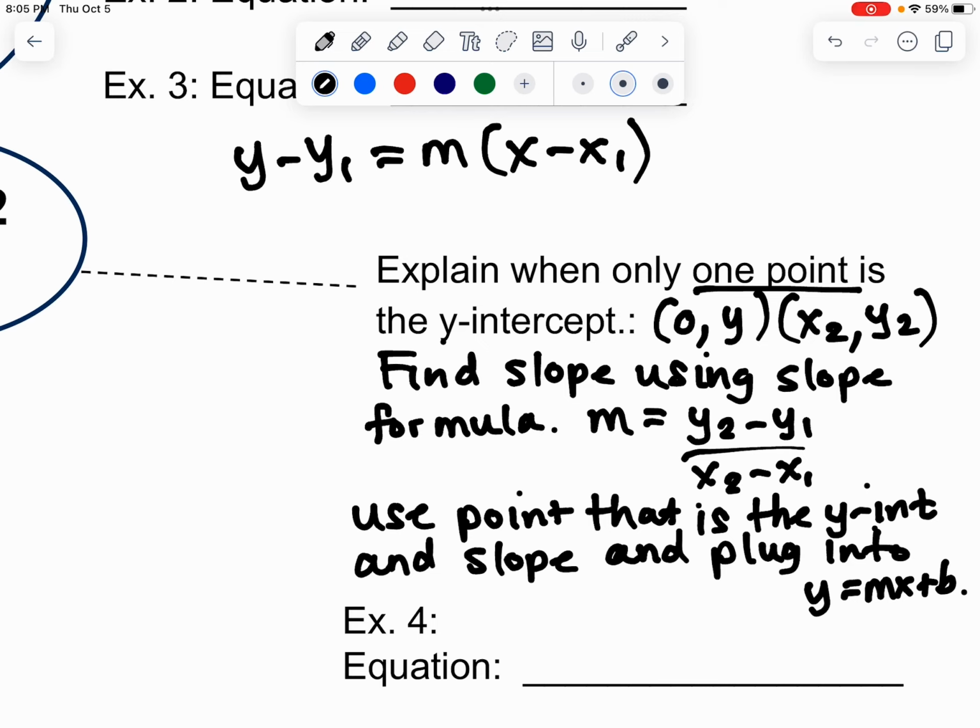Okay, pause the video, take a minute to write all of that down, and then try the example on the back.